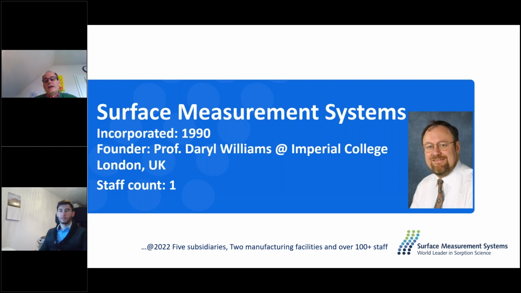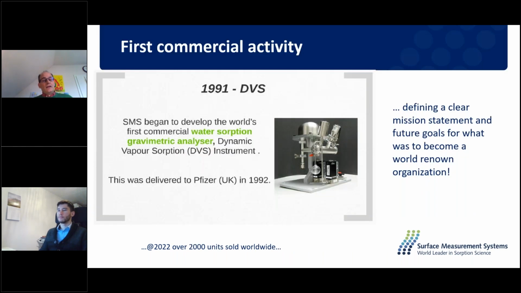Today, in 2022, we have 5 subsidiaries, different partners and distributors, 2 manufacturing sites, and around 100 people. Surface Measurement Systems started in 1990-91 with dynamic vapor sorption. That was the first commercial analytical system for water sorption, a gravimetric analyzer, and it was delivered on request, first to Pfizer.